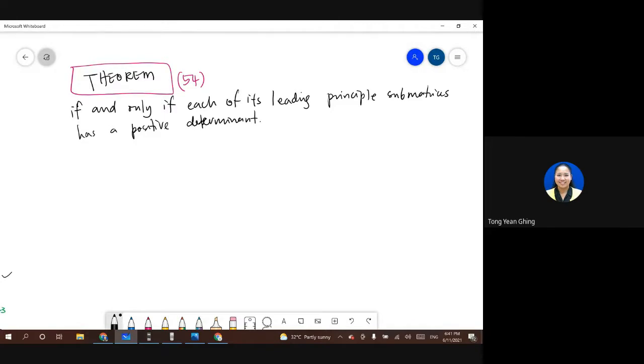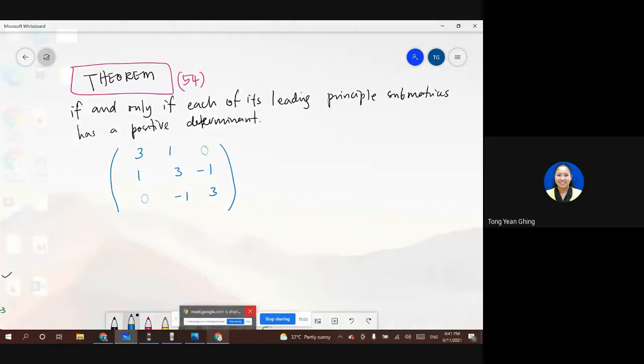So using the same matrix as just now, the matrix A: 3, 1, 0, 1, 3, -1, 0, -1, 3. What is its leading principal submatrix?